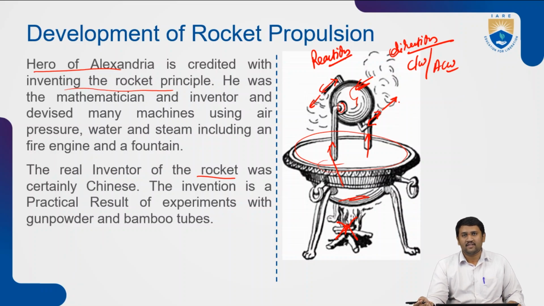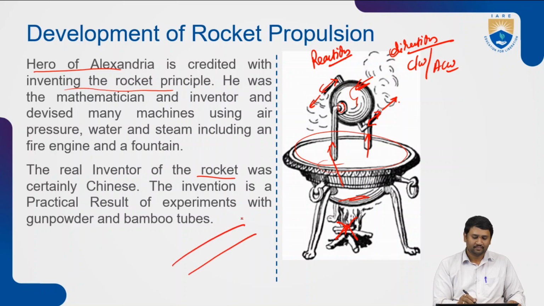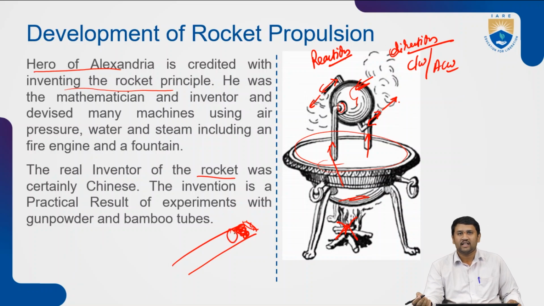Although the inventor himself might not have understood in what way the rocket works, that is the basis. Now, coming to the next, which is the Chinese contribution. What they did was basically use bamboo tubes, right, which are closed on one side, and they inserted gunpowder on one side and a few balls, which can be a projectile in other words.